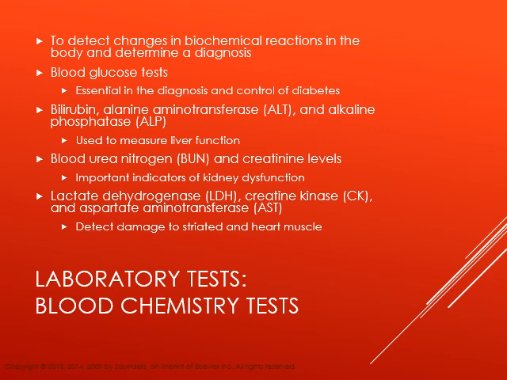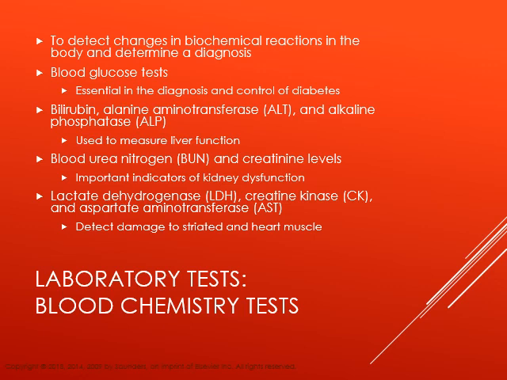An example would be the blood glucose test. This test is essential in diagnosing and controlling individuals with diabetes. Please refer to your textbook, Table 24.2, page 410, blood chemistry tests and their purpose.